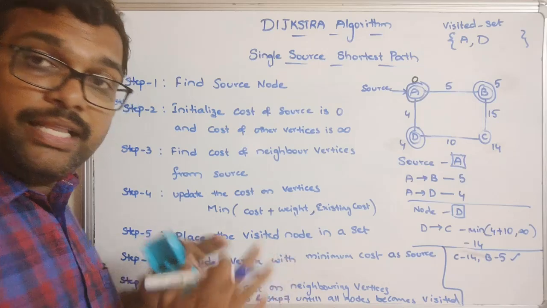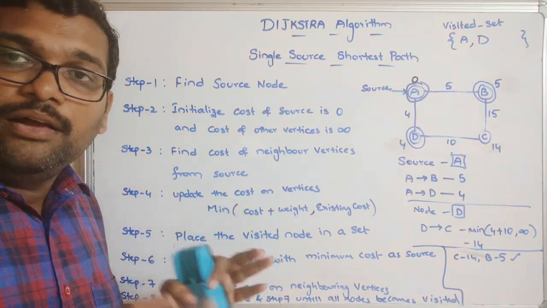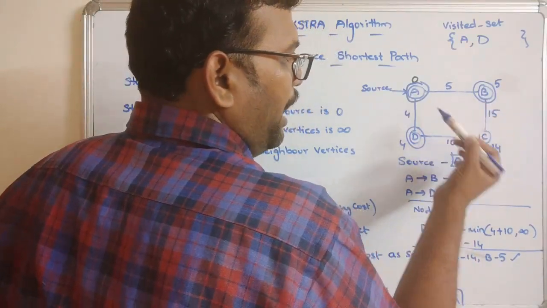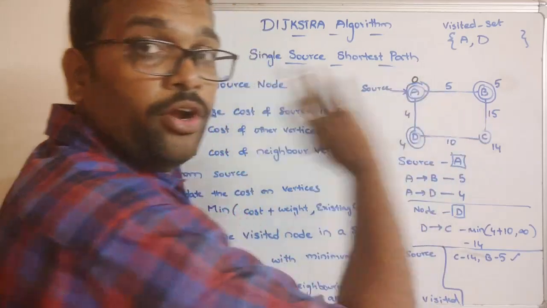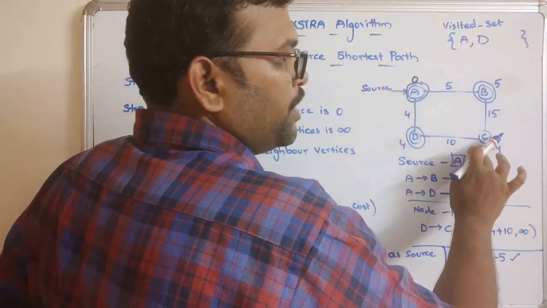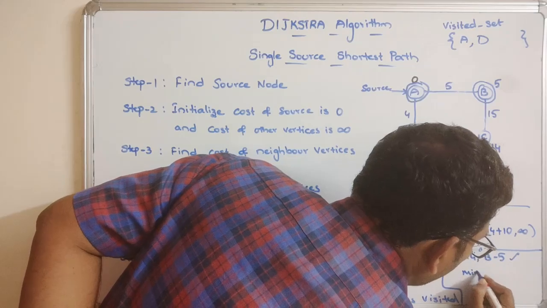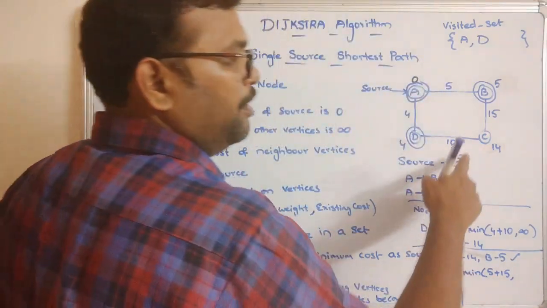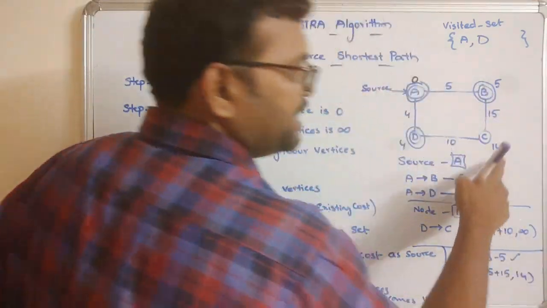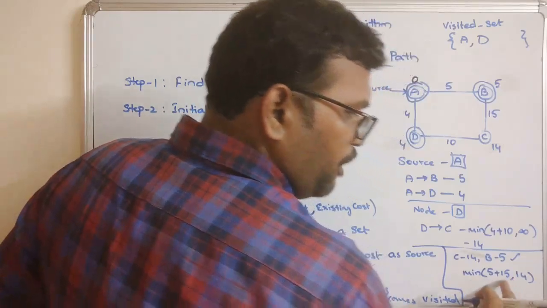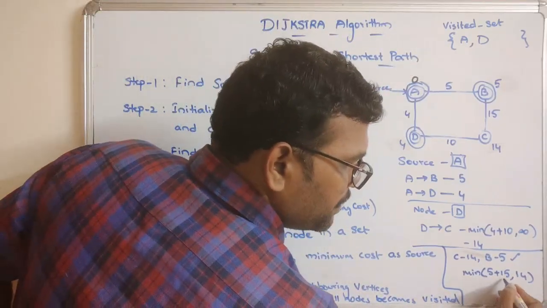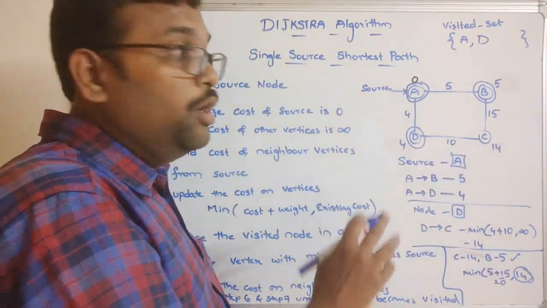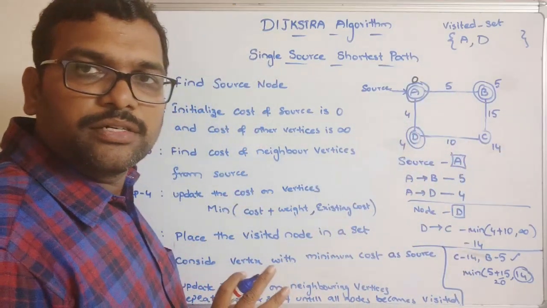And one point is important, that is no need to go with the visited nodes. So what are the neighbors of B, A and C? A is already visited, so we need not bother about that one. Go with the C. So what is the thing we have to do? A minimum of cost 5 plus 15 comma 14. So the existing cost is 14, right? So minimum of 5 plus 15 comma 14. So this is 20 and 14. So this is the minimum. Already the cost is minimum. So you need not change the cost.